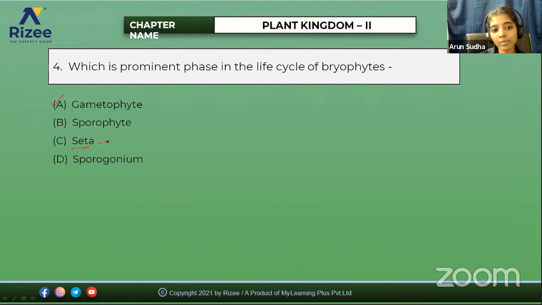Seta is the structure that is present in the sporophytic phase. The sporophytic phase is attached to the gametophytic plant body through the foot, then seta, then capsule. Seta helps in the transport of nutrients from the foot to the capsule. So that is not the prominent phase and it is not sporogonium also. So the correct option is option A, that is gametophyte is the predominant phase in the life cycle of bryophytes. So let's go to the next question.